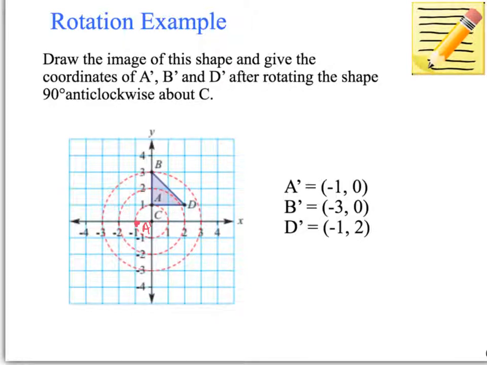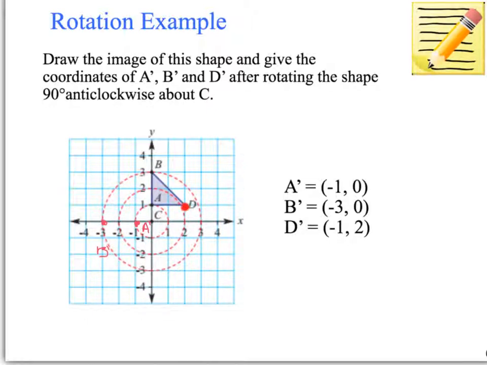Now B, we're going to rotate that 90 degrees. That would be there. So that's B. And then we've got D here, so it's a bit trickier.